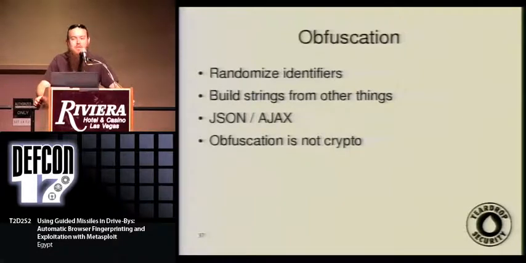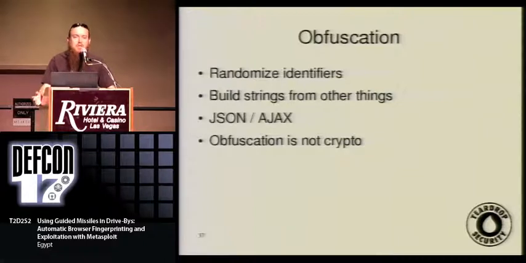We can randomize identifiers in JavaScript. That's relatively easy. All we have to do is know the names of all of our identifiers and randomize them into ASCII strings, and that makes it a lot more difficult to fingerprint. Secondly, we can build strings out of things that become strings. String.fromCharCode can take a bunch of hex digits and turn them into their ASCII equivalents.